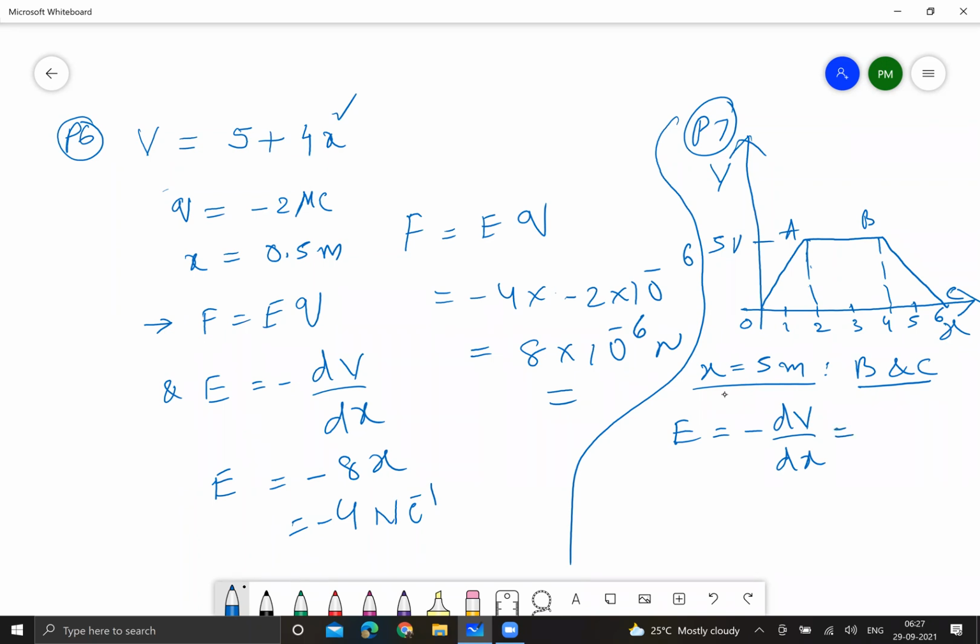So it is V2 minus V1 by x2 minus x1, of course minus. So minus of 0 minus 5 by 6 minus 4. So it is 5 by 2, 2.5 Newton Coulomb inverse.